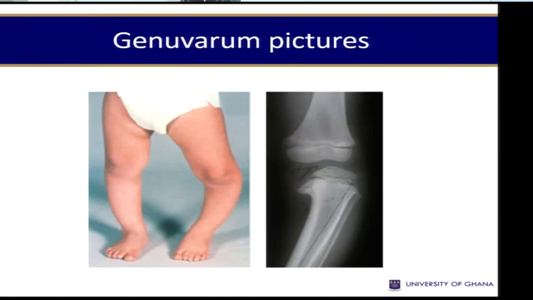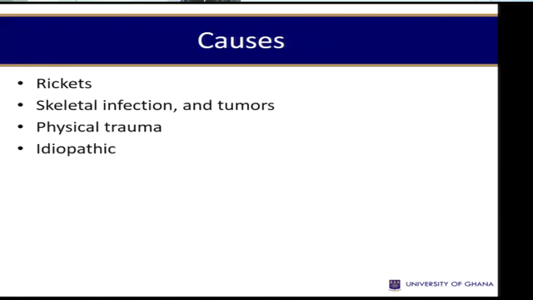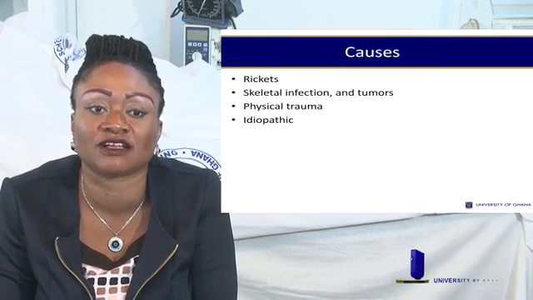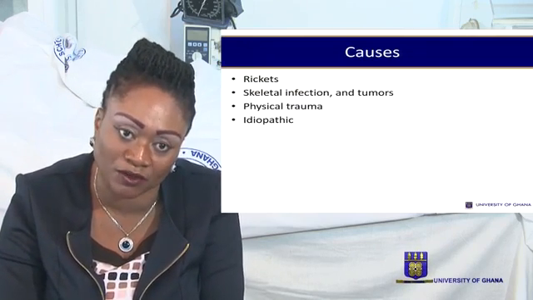So that is genu varum in the picture, and the causes again include rickets, skeletal infection and tumors, physical trauma, and it may also be idiopathic.